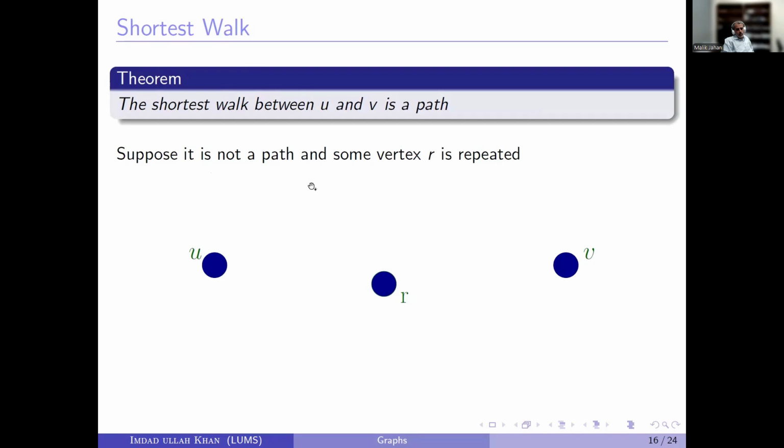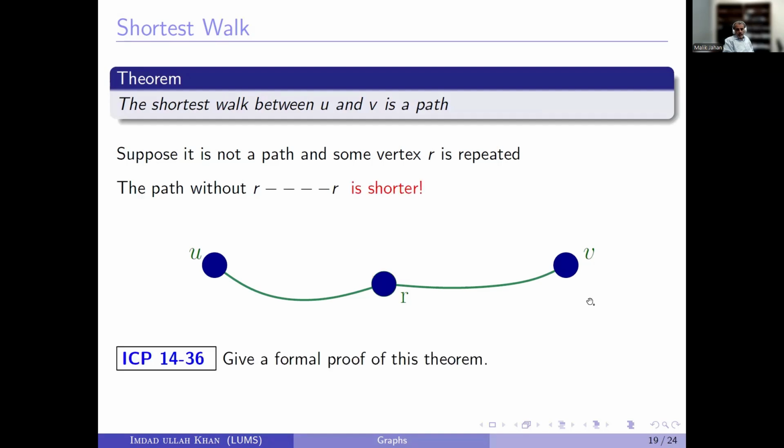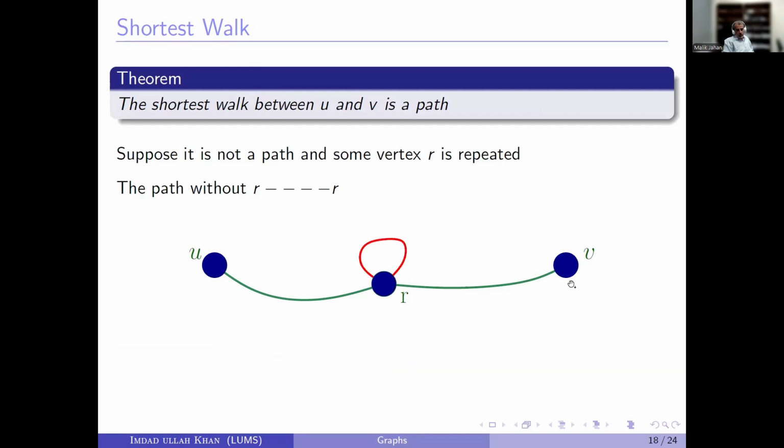If it's not a path, some vertex R is repeated. So when vertex R is repeated, that means that this is a walk, but not a path, because repetition is allowed over here. When we get rid of the repetition, we are left with something which is the shortest possible way of moving from U to V, and that gives us the path.